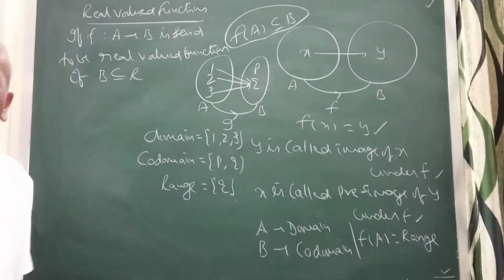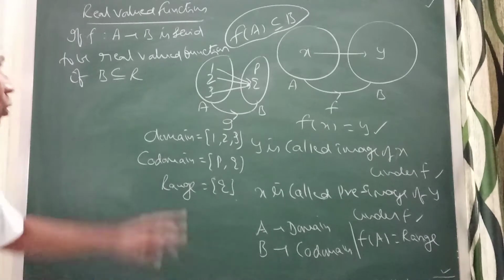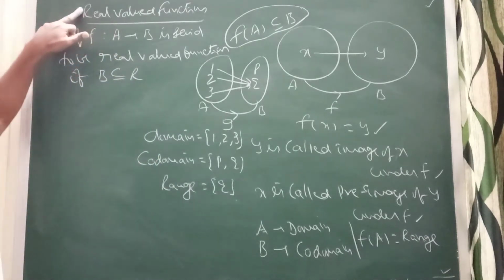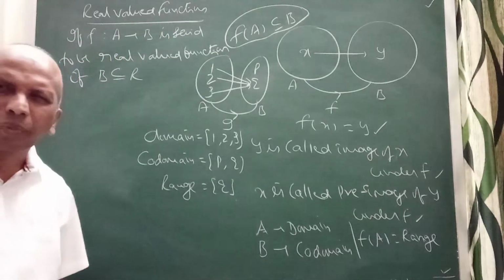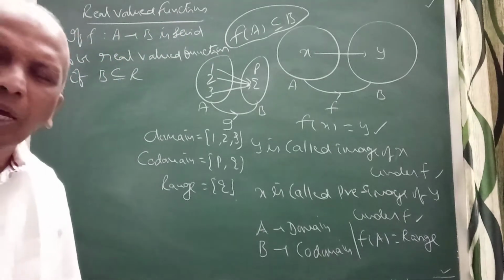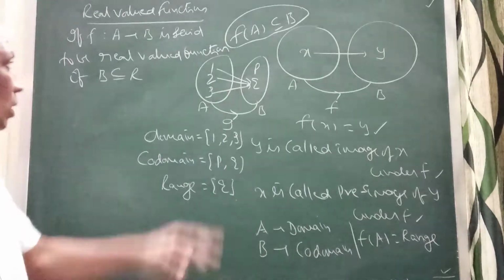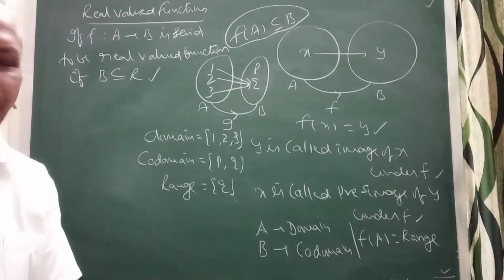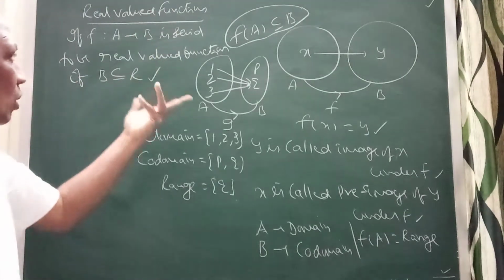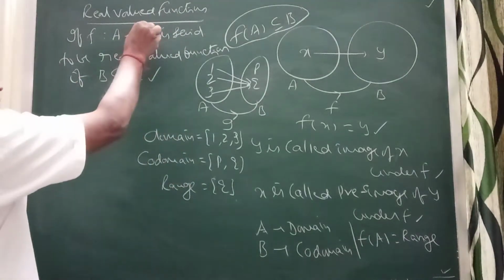That means codomain is a subset of R, that is called real valued function. So B is a subset of R.